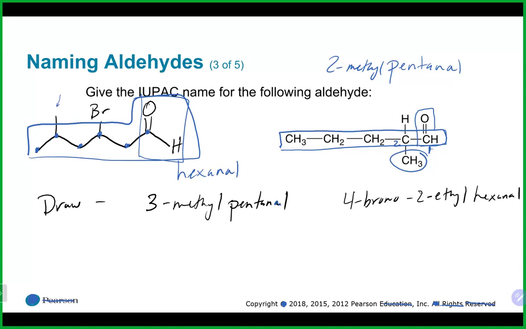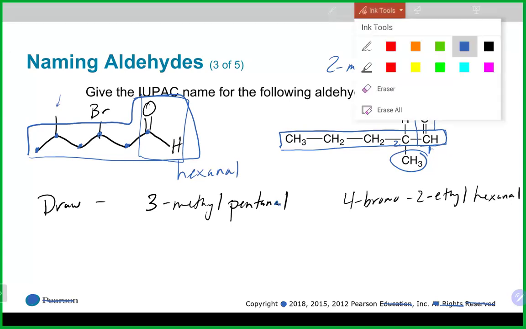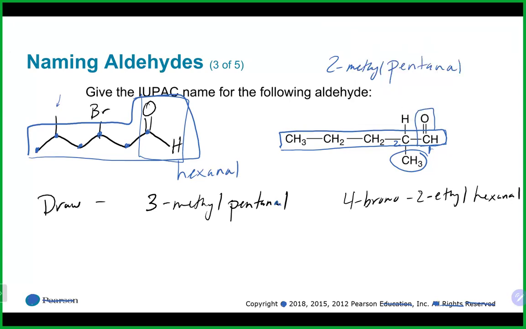Again, in this case, we don't need to give the location of that carbonyl group, but for numbering purposes, that will be carbon number 1 for sure. 2, 3, 4, 5, and 6. So that means that at carbon number 3, we have a bromine, right? So we got a 3-bromo happening. And at carbon number 5, we have a lonely line, which we know is a methyl group.